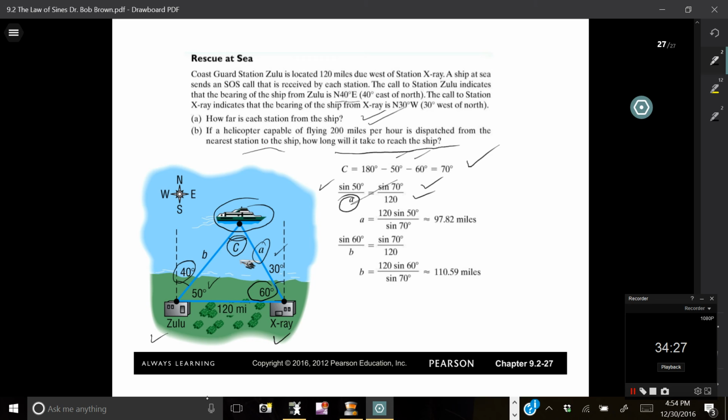Solving for A by cross multiplying, we get A is 120 sine of 50 degrees divided by sine of 70 equals 97.82 miles.